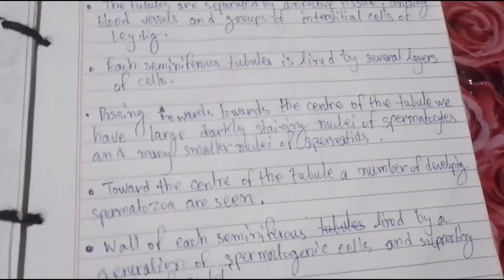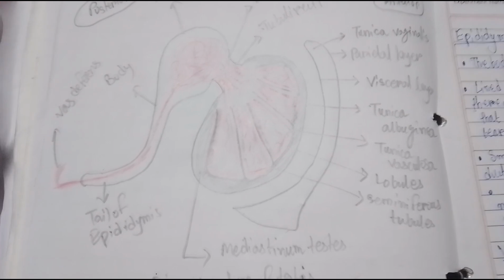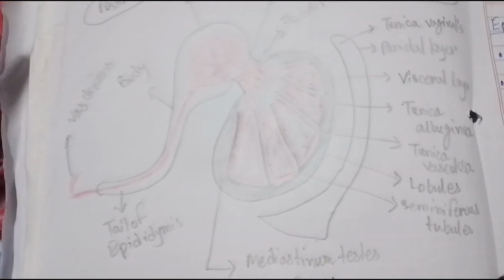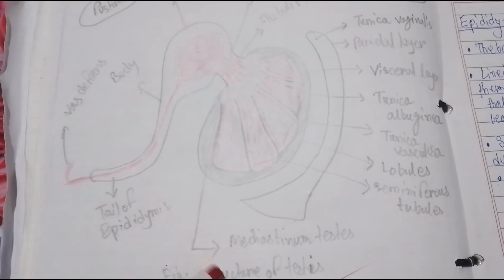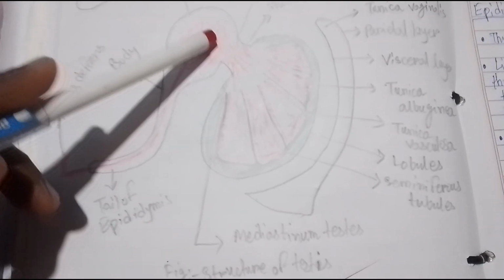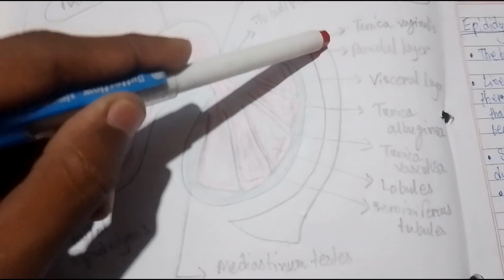Now we see the structure of testis. So here you can appreciate, not so well diagram, but also you can appreciate the structure of the testis. This is the testis, and which is covered by the three layers.